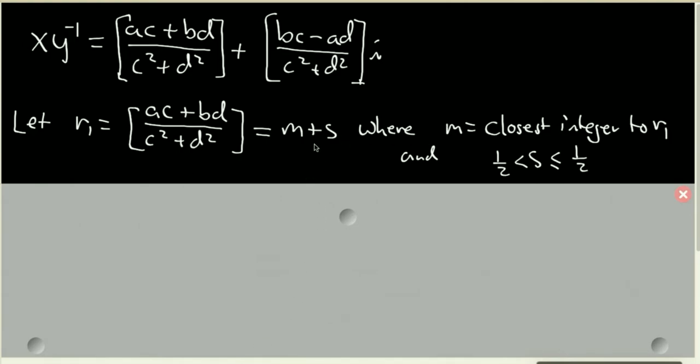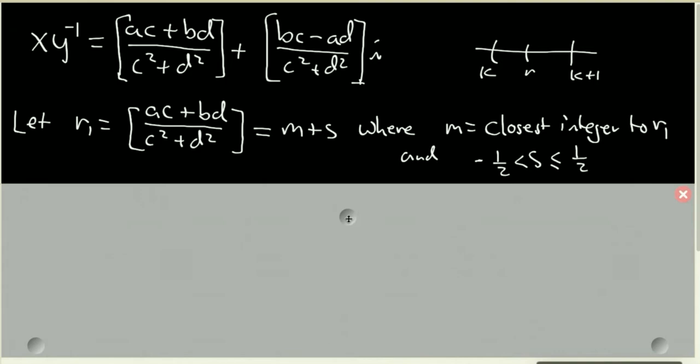And then we noticed that a rational number is always trapped between two integers, and whatever they are, one of them is closer. So for r1, we let m be the closest integer to r1, and s is going to be, and there should be a minus sign in front of that, s should be trapped between -1/2 and +1/2.